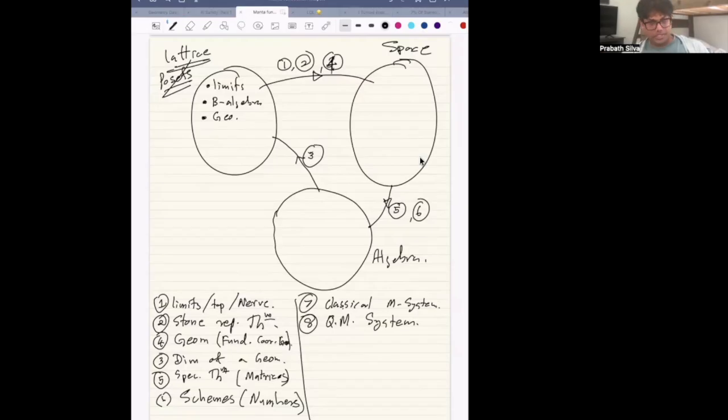Okay, so the 8 would be something going from here. So 5, 6, 7 is also going into this arrow. So typically going from space to this is easy.